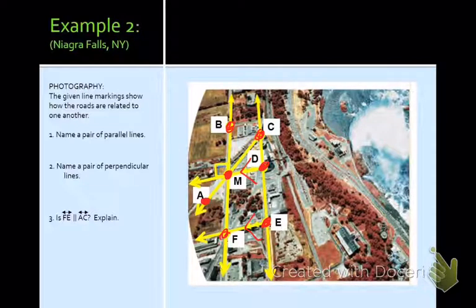Okay? Can you find them? I kind of just gave them away, right? Line DM is going to be parallel to line FE. Can you find a pair of perpendicular lines?